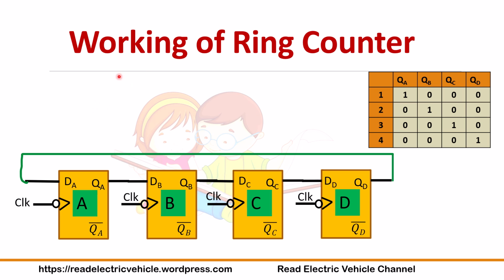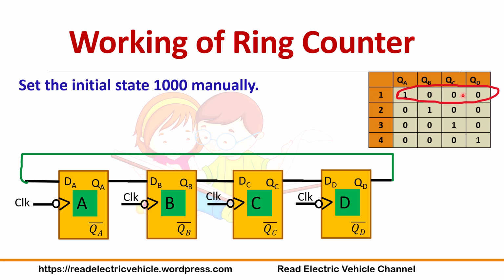Let us see the working of ring counter. We saw that to get the first state QA equal to 1, 0, 0, 0, we have to set this initial state manually. So how to set QA equal to 1? In any flip-flop, there will be a preset pin. So this is a preset pin. PRE stands for preset.